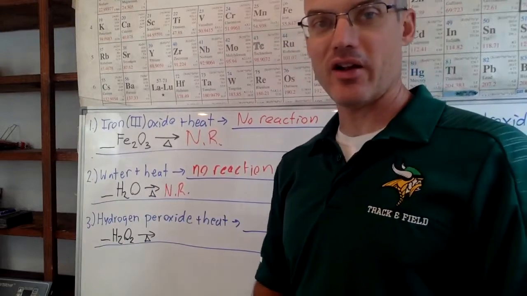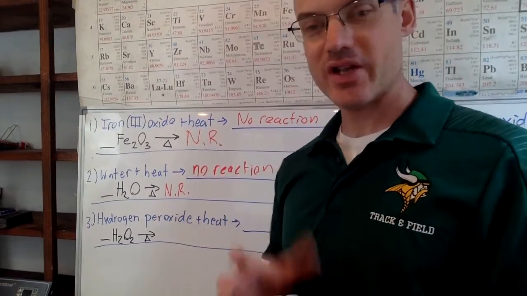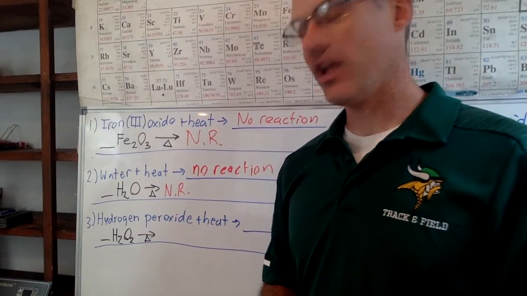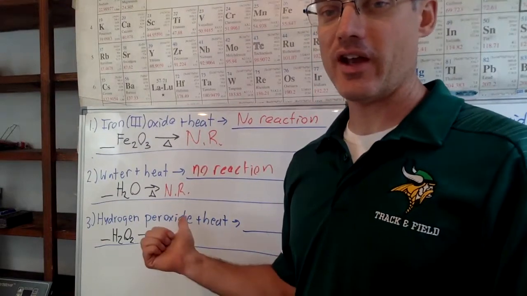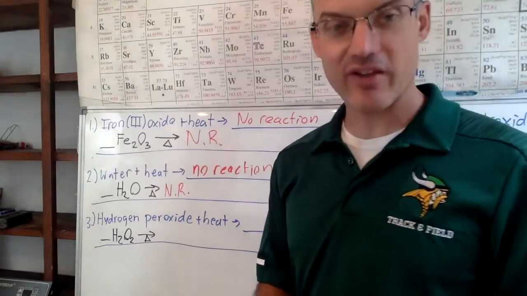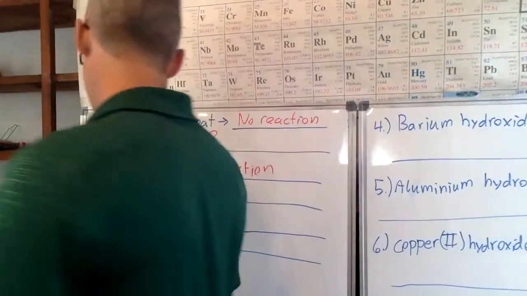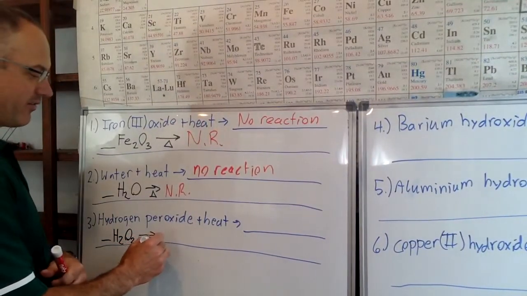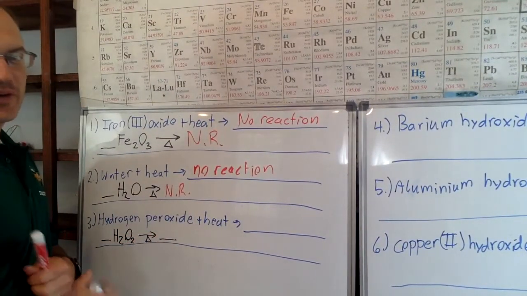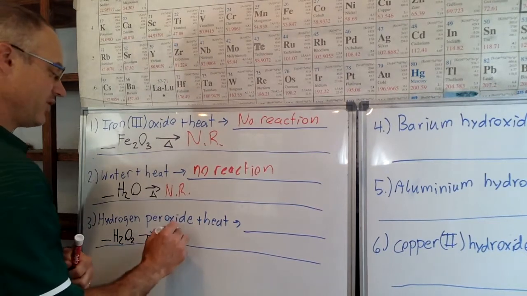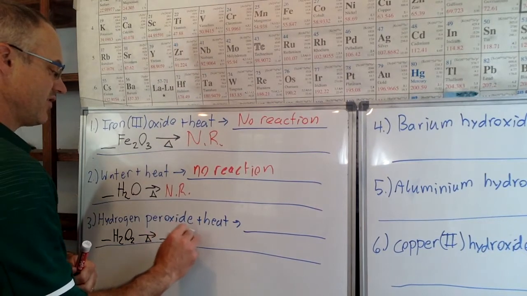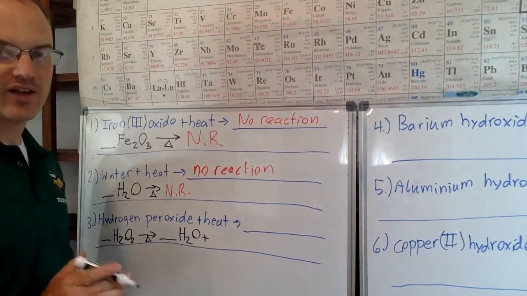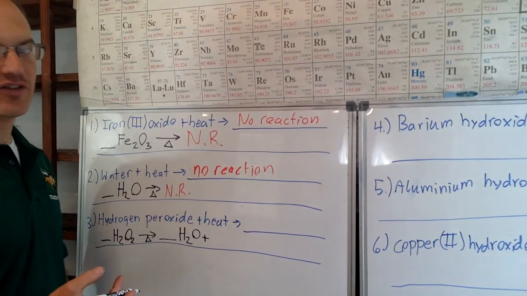Metal and non-metal oxides are actually really stubborn. They don't like to break apart. It has to be a special case in order for it to do that, and hydrogen peroxide is one of those cases, okay? As you should have seen in the lab portion of this, hydrogen peroxide does in fact break apart. We didn't test for this, but you can test to see that there is water in there. Hydrogen peroxide is really angry. It doesn't want that extra oxygen on it.